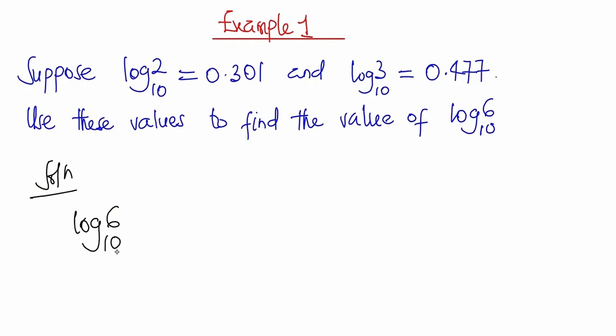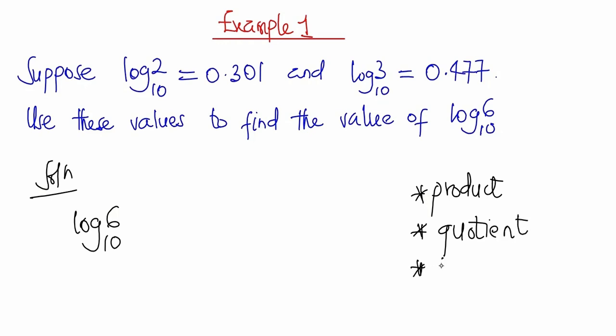In expressing log 6 base 10 or any logarithm of such, we should consider the fact that the given logarithm can be expressed as 1, a product of 2 or more numbers, 2, a quotient of 2 or more numbers, and 3, a base and exponent of a given number.